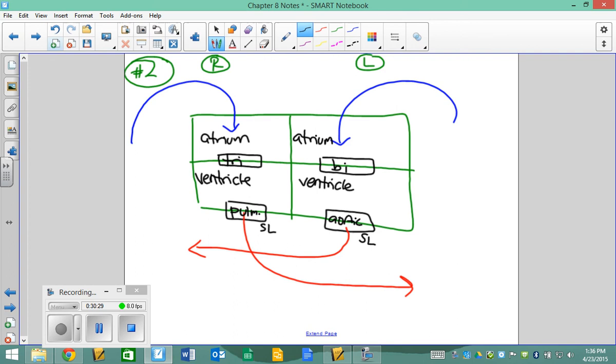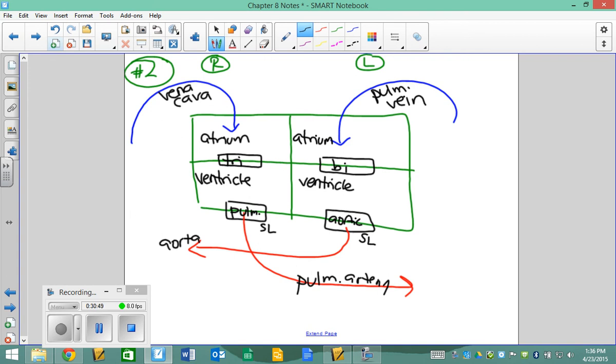Now if I name the blood vessels, that's my vena cava, and that's my pulmonary vein. And on the bottom, what comes out on this side is my pulmonary artery, and over here, my aorta.